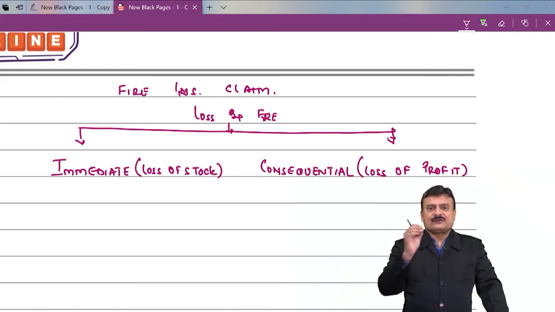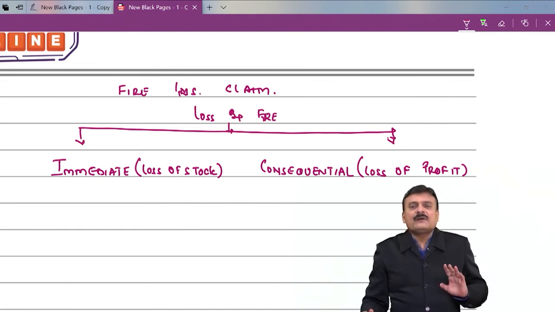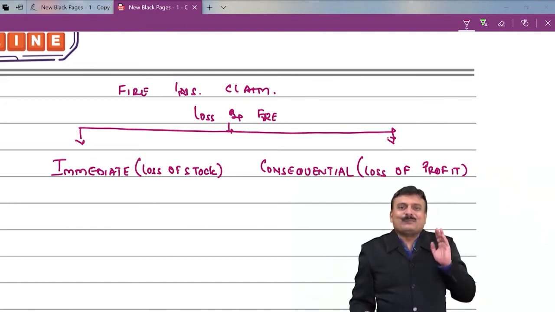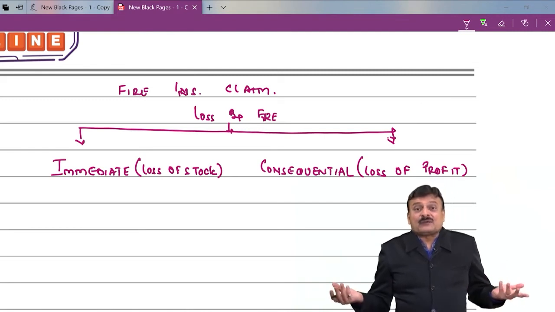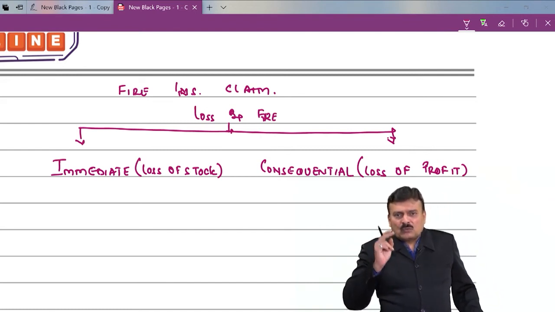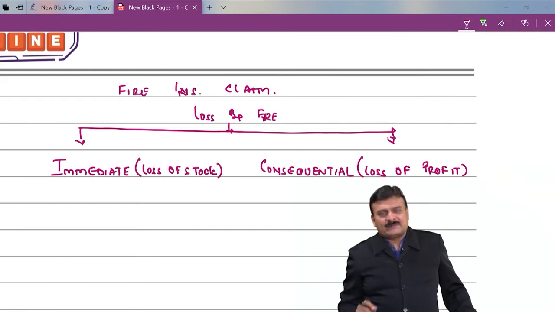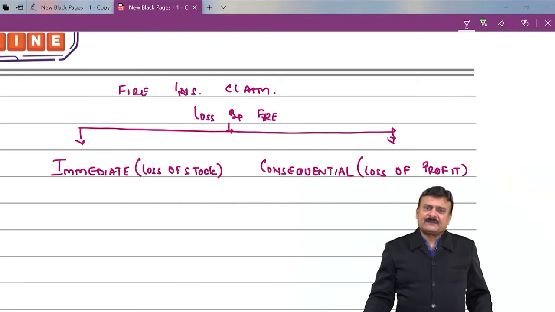Goods of 10,000 destroyed by fire. Now, the first question is how the trader, the businessman, will come to know that his goods of 10,000 are destroyed by fire. The answer is simple. He will try to find out what was the total stock lying in his shop when the godown caught fire.